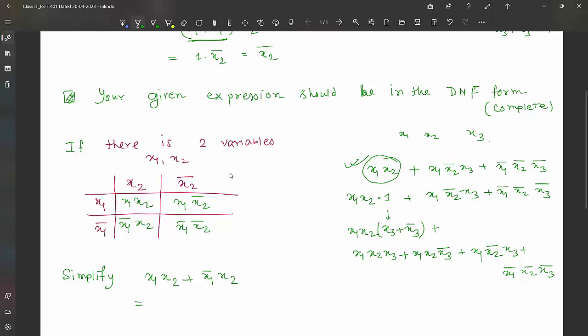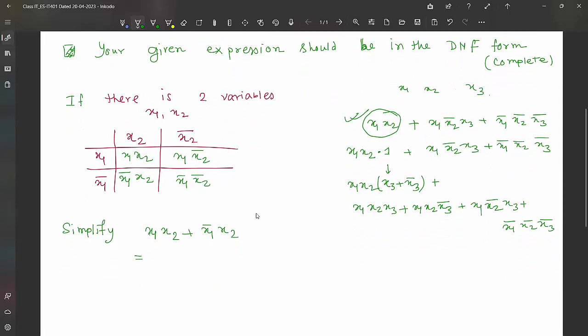But what we have to do? We have to put 1 in the expression box. So here it is x1 x2. So the Karnaugh map of this problem is like this: x1, x1 bar, and here x2 and x2 bar.